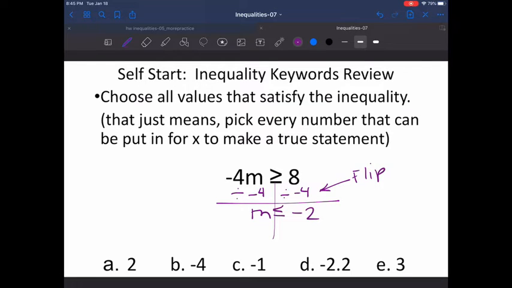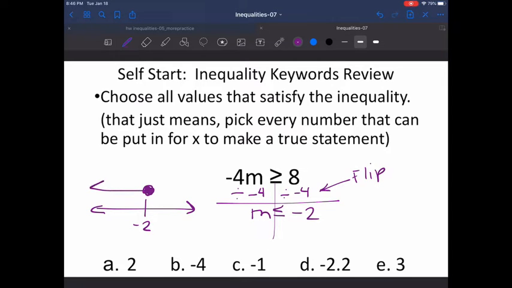Now, to check and see if A, B, C, D, and E make the equation a true statement, I'm going to graph it to help me see that. Okay, my starting point is -2. I have a closed circle at -2 because I have that underline below the less than symbol.